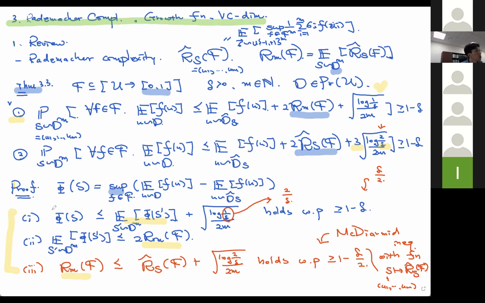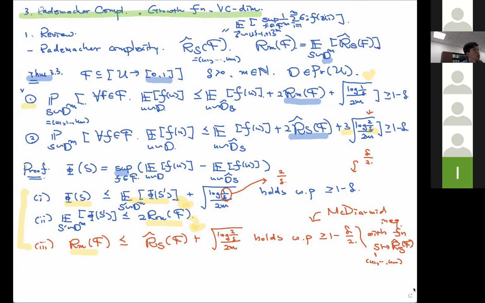We start with number 1, that gives us the V of S. Using number 2, we replace this expectation by the one below, and using number 3 we replace the 2 times Rademacher complexity by 2 times empirical Rademacher complexity plus the quantity below. Then we get a lower bound. All these things can be put together by the so-called union bound.